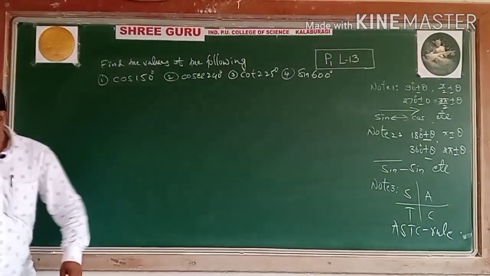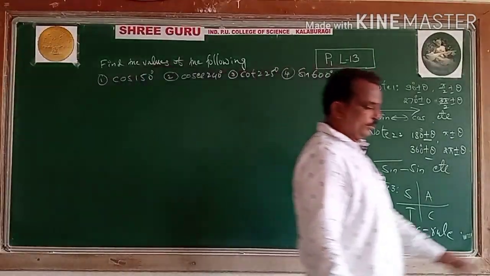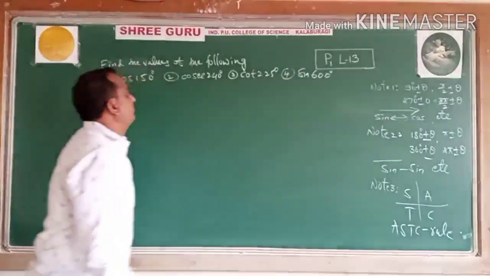Now let us see, students, in 2 ways you may calculate. You know, in 2 different ways you can calculate. Either you go for any one of the methods here.